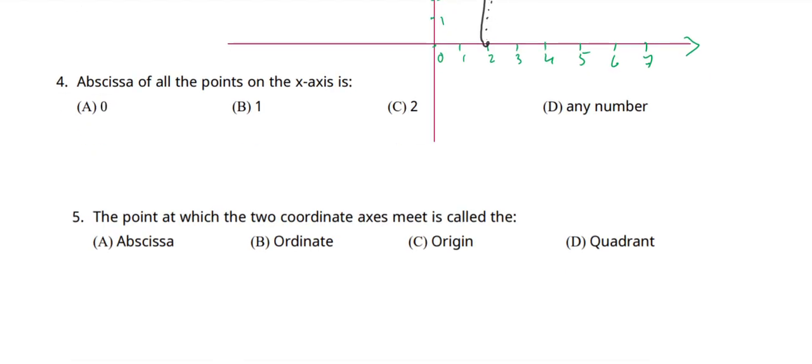Okay, next question. The abscissa of all points on the x-axis is dash. A point on the x-axis means the y-coordinate is always 0.